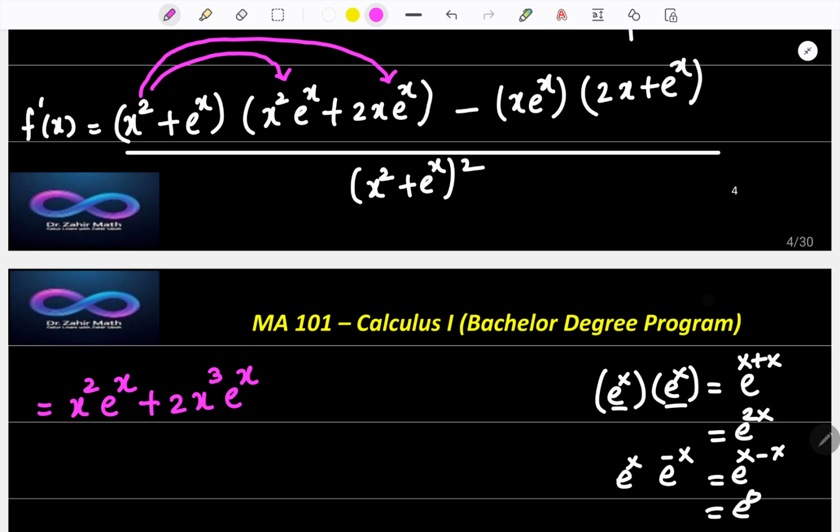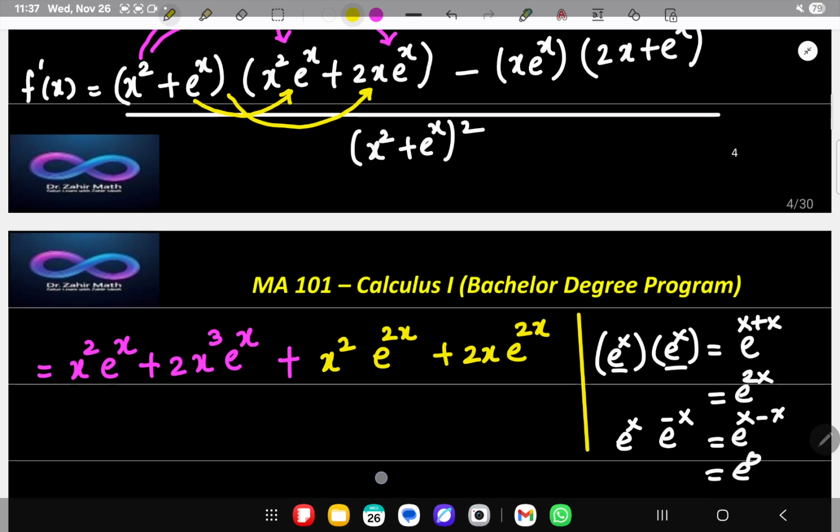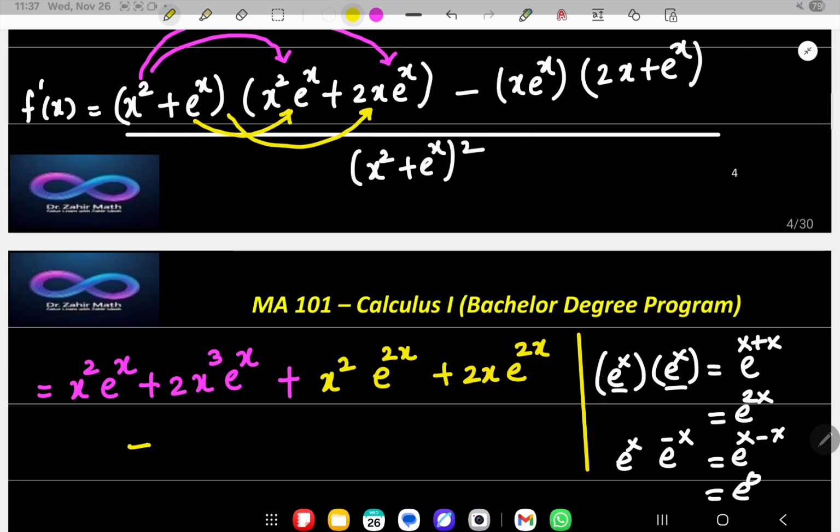Okay, still I did not come to this step. And then plus the next term, e power x into this. So x square is there, e power x is e power 2x. Okay. Then I will go with this, which is 2x e power x is e power 2x. Okay. So this finish. Minus.